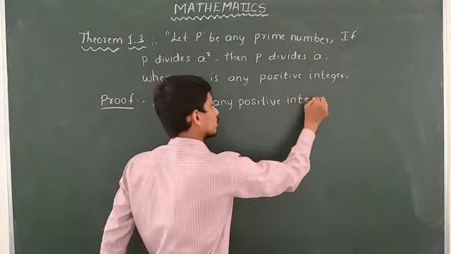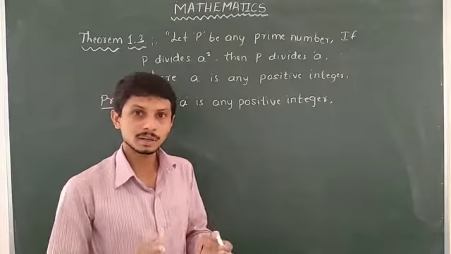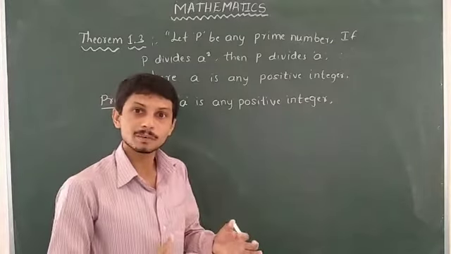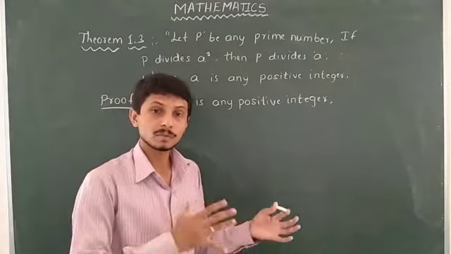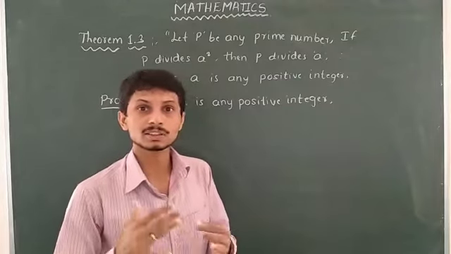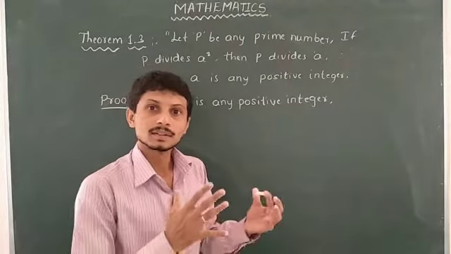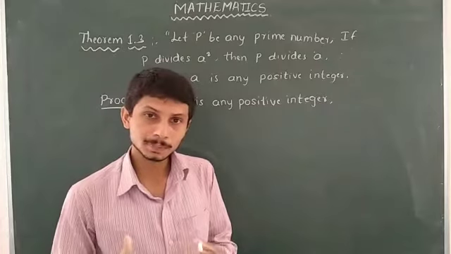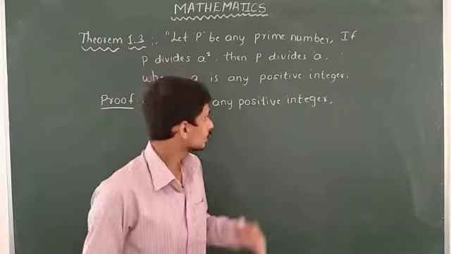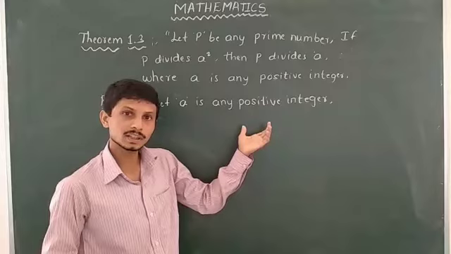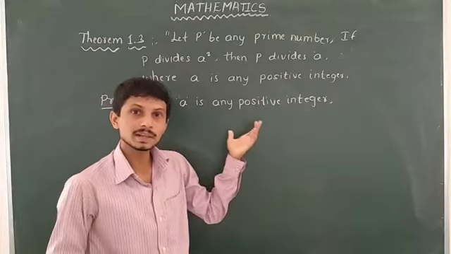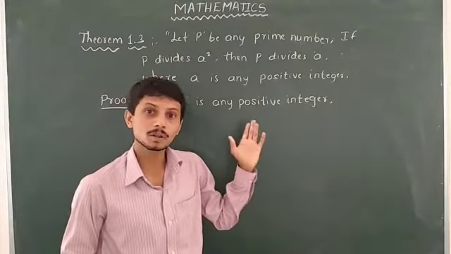And it is also assumed that we take this as a composite number. It can be expressed in the form of a product of primes. The fundamental theorem of arithmetic also tells us that every composite number can be expressed as a product of primes. So let us consider A is a positive integer and also a composite number, which can be expressed in the form of a product of primes.